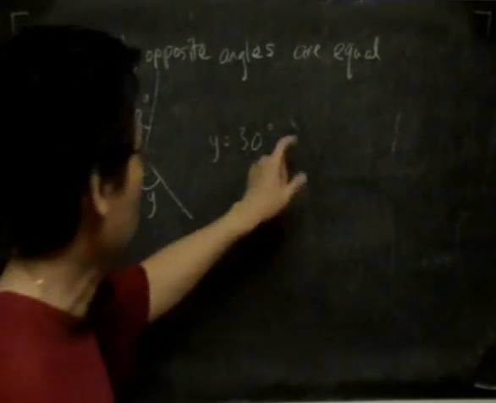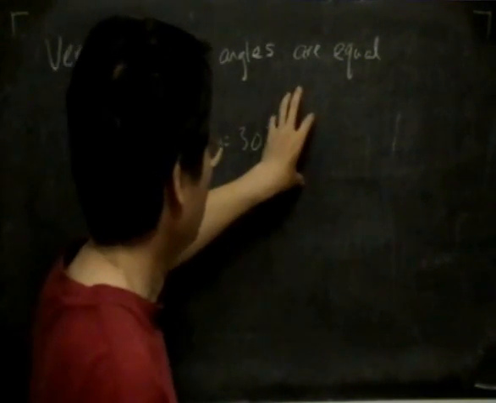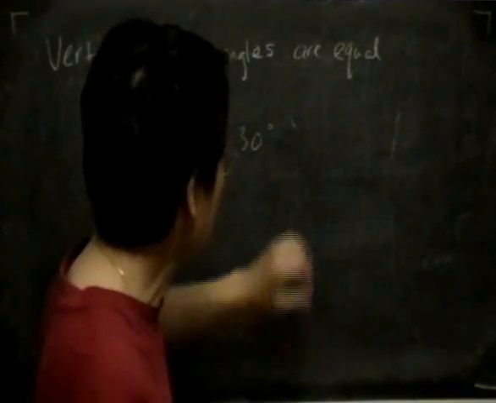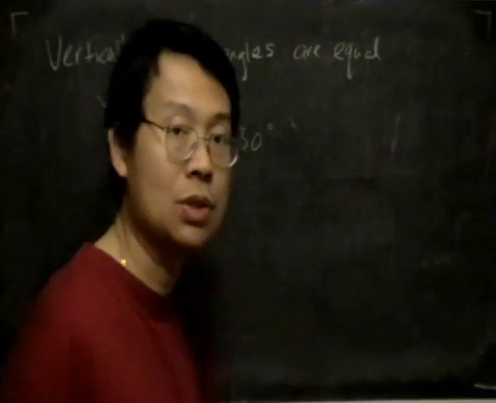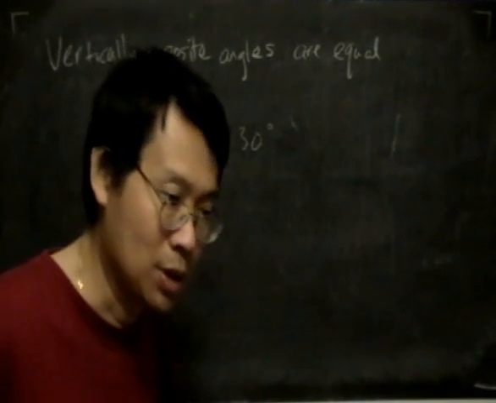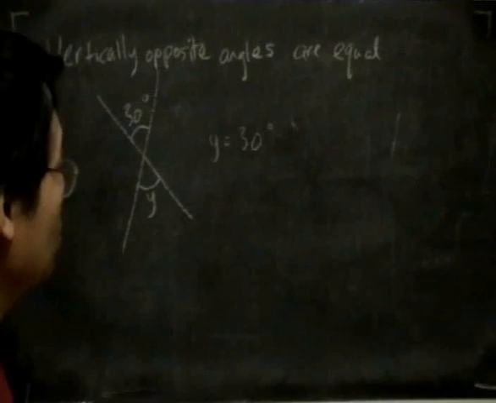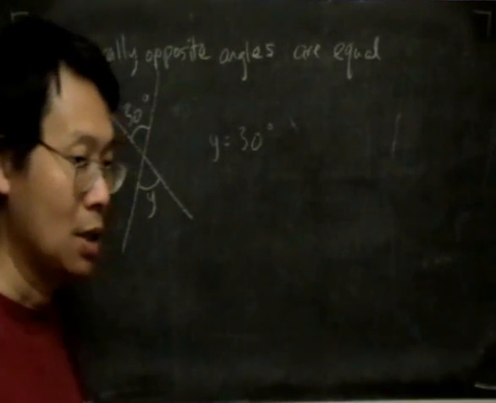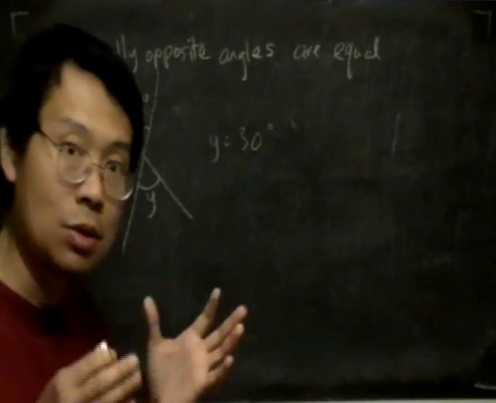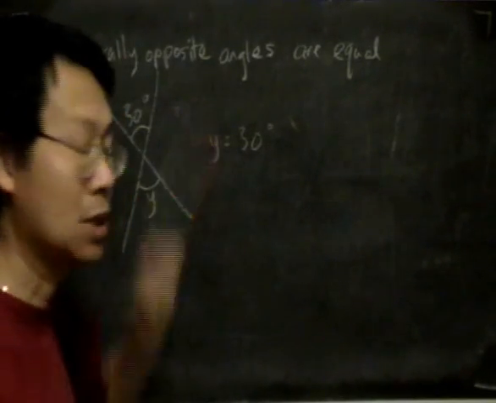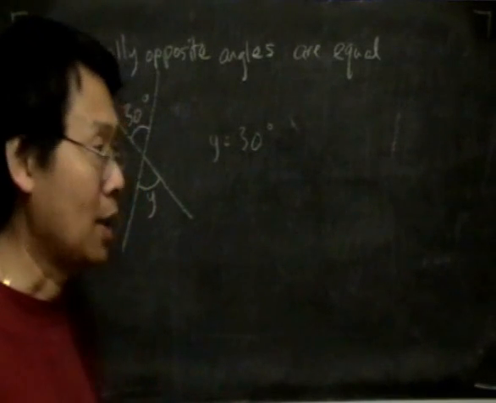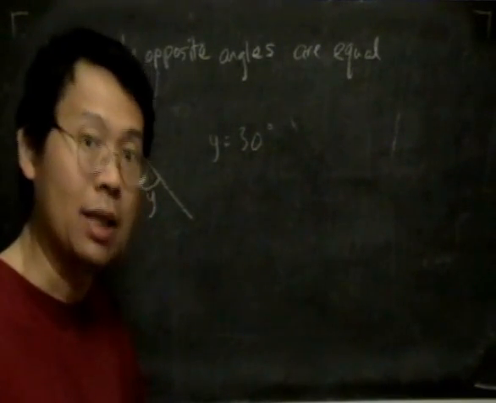Or you can just put a bracket or write down next to the answer, vertically opposite angles, and that will tell your examiner, who has to mark your answer, that this is the explanation, and that you understand why this is the answer. Okay, and it can also be part of your working, and you might get marks for that.